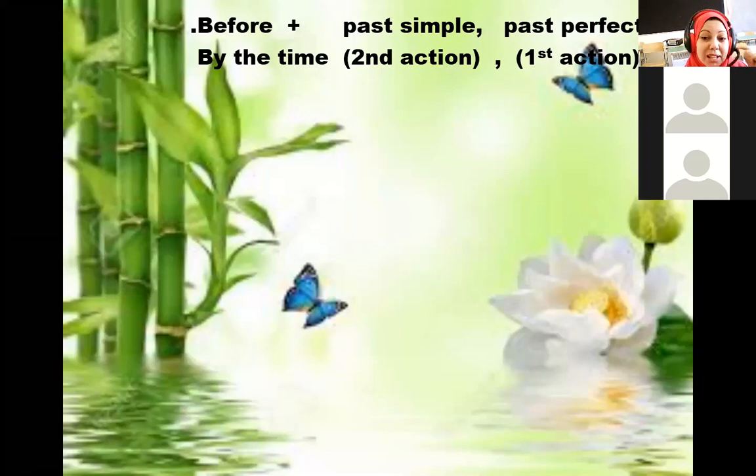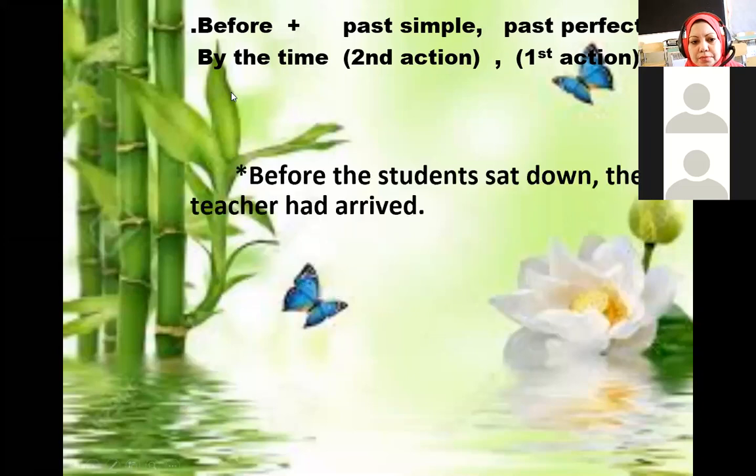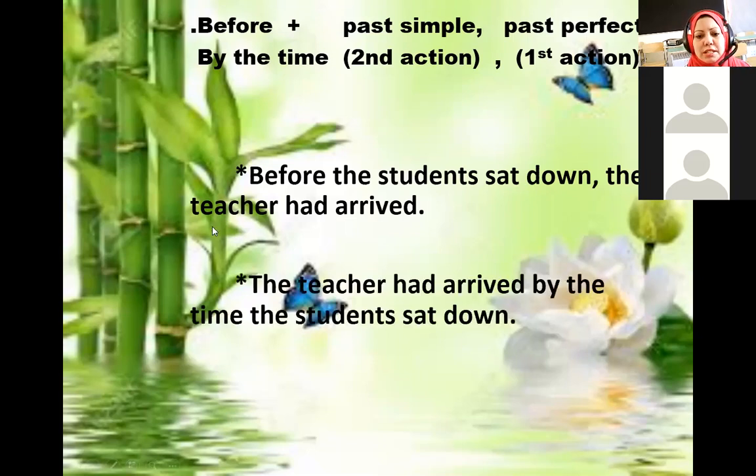Let's apply the last example on this rule. Before the students sat down, the teacher had arrived. Where did I use before? Before the second action, which is in the past simple. Okay? Let's use by the time here also. The teacher had arrived by the time the students sat down.